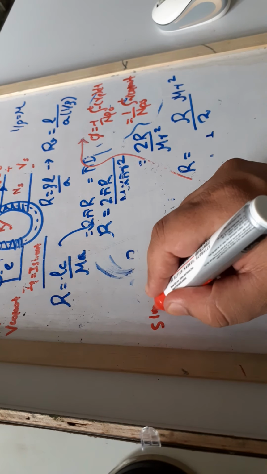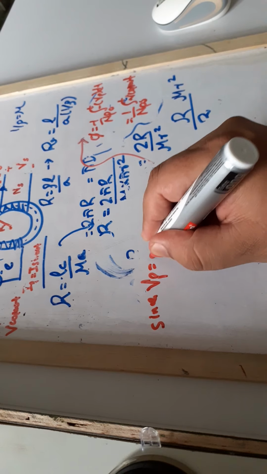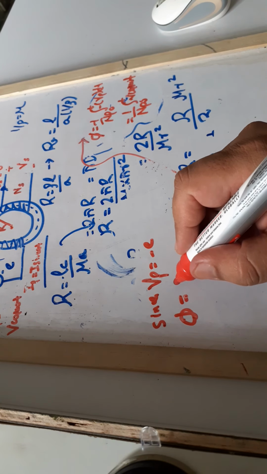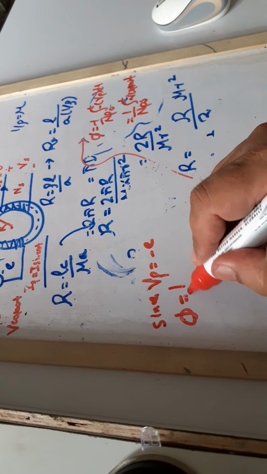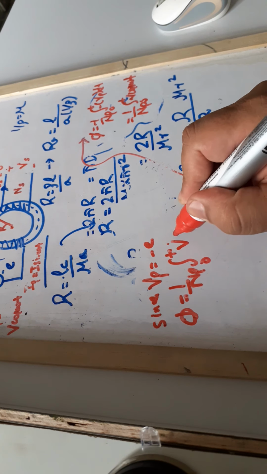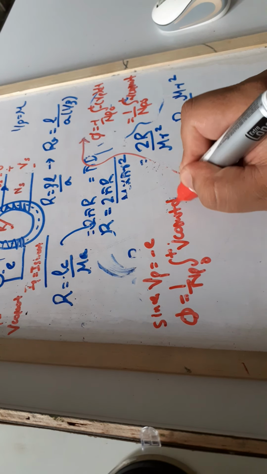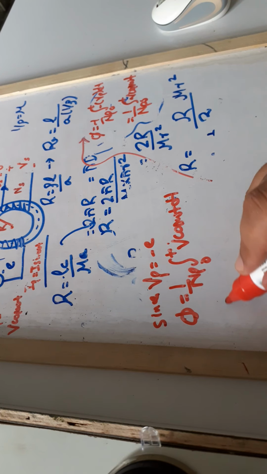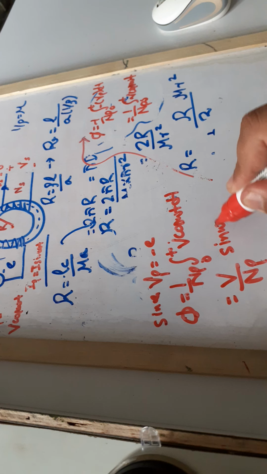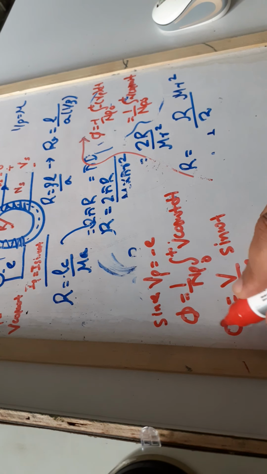Since my Vp was equal to minus e, I get the value of flux as 1 by Np, integral 0 to t of V cos omega t dt. V I take outside, and integration of cos omega t will definitely give me sin omega t divided by omega. So this is the value of the flux.